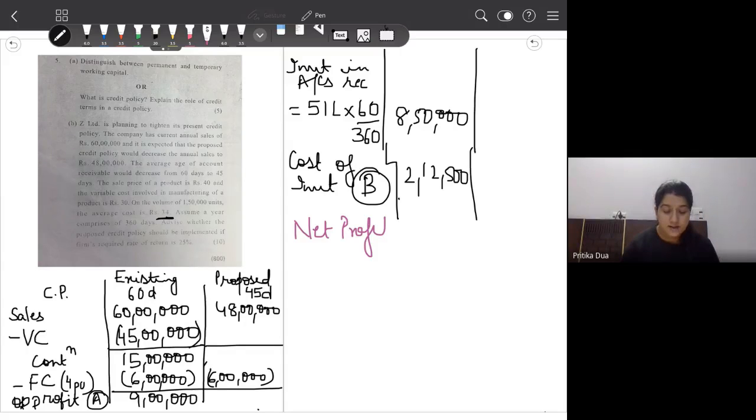So 6,87,500 is your net profit. In the same manner, calculate the net profit for the proposed credit policy, and let's see whether there is an increase or decrease.